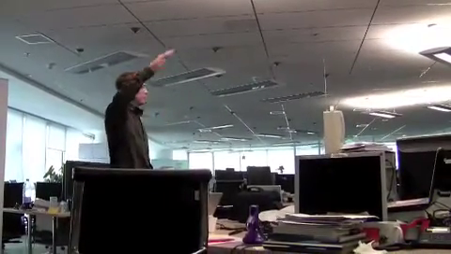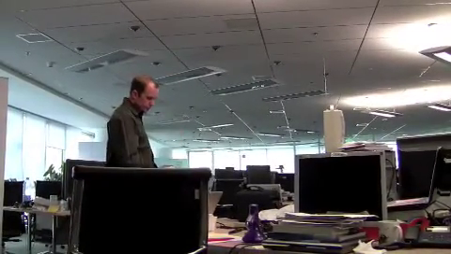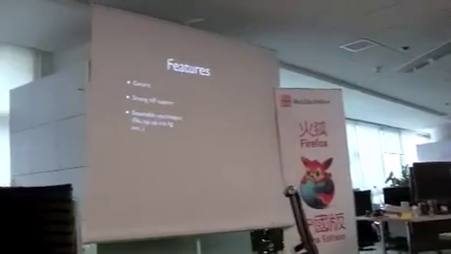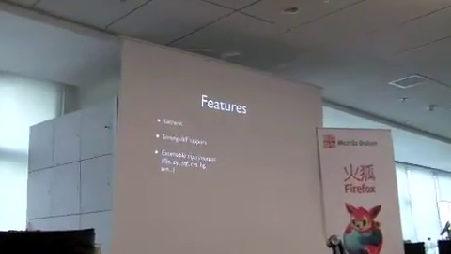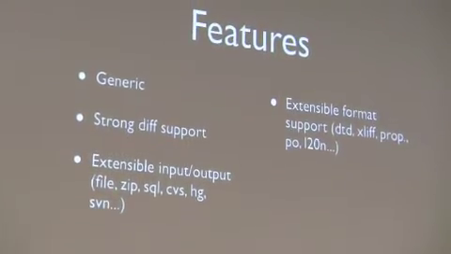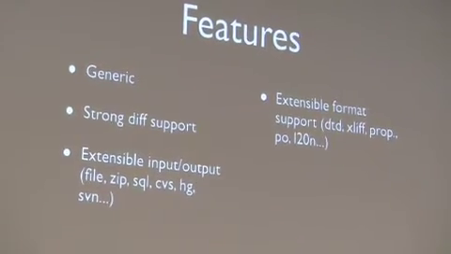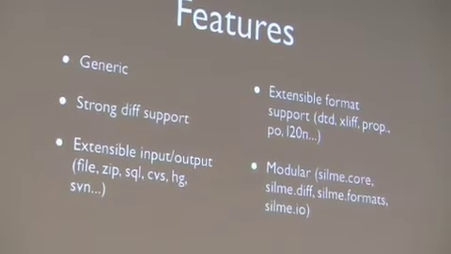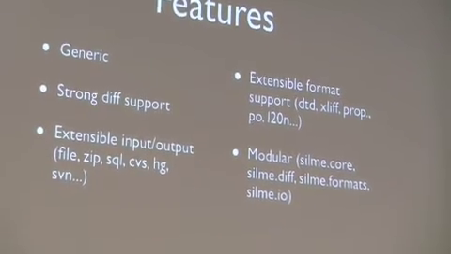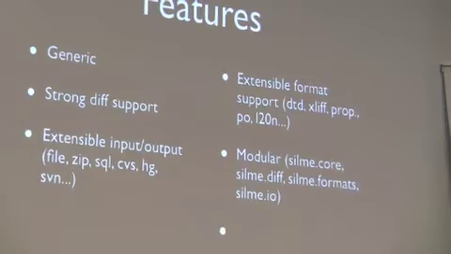How do we find those differences and how do we reconcile them? Very extensible. Extendable format support, we've mentioned this again and again, and it's what we call modular, which basically sets it out in a structure that's very easy to understand.